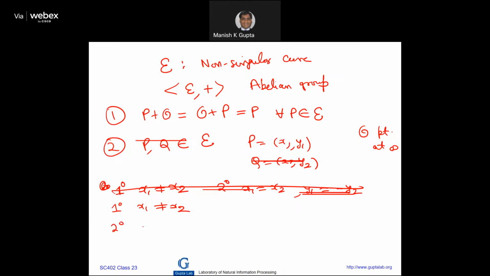Case 2, when x1 is equal to x2 and y1 is equal to minus y2. And case 3, when x1 is equal to x2 and y1 is equal to y2. So these are 3 cases, and the formula is a little bit different in all 3 cases. First of all, I am going to give you the formula for case 1, when x1 and x2 are distinct.